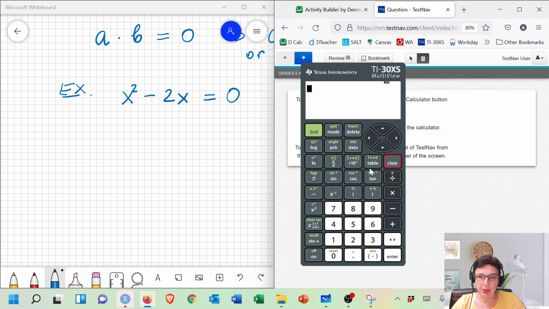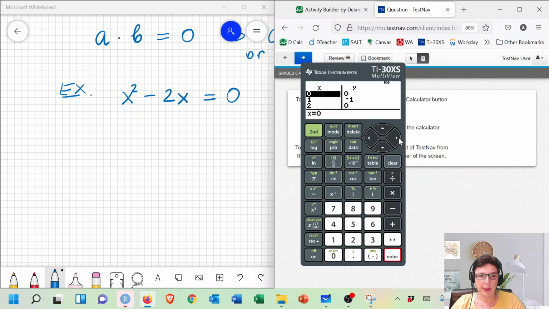To use it, you're going to go to table. Press the table button and enter your function: x squared, so x is this button right here, then squared, minus 2x. Press enter, then scroll down with the arrow until you click OK.